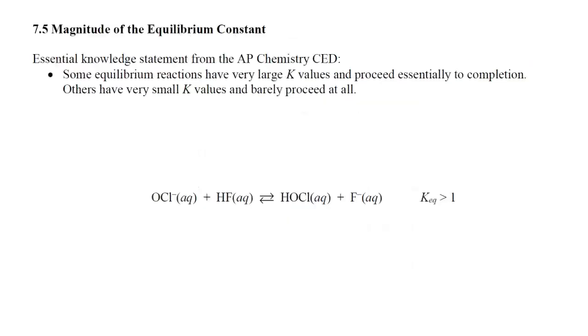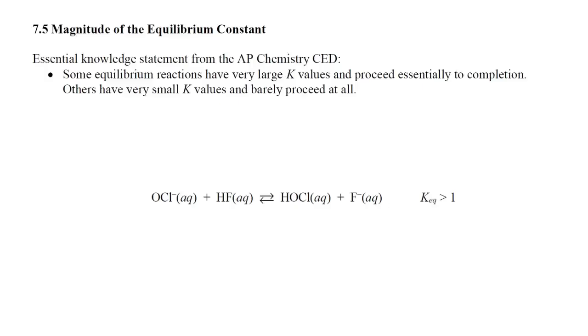Now on this next slide, I'm going to show you a topic from Unit 7, which is equilibrium. This is topic 7.5. And in this essential knowledge statement, it talks about the fact that some equilibrium reactions have very large K values in which the products are favored at equilibrium, and other equilibrium reactions have very small K values where the reactants are favored at equilibrium.